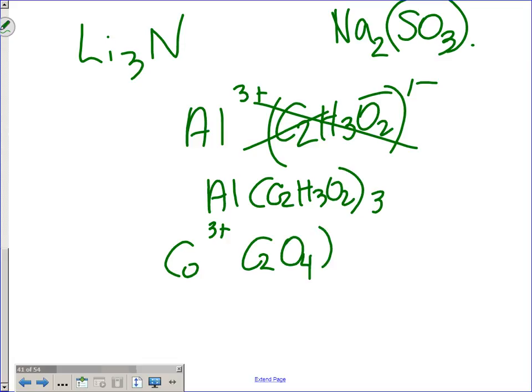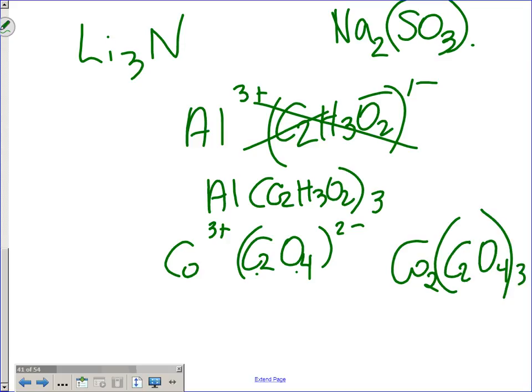I don't know if I told this class or my other class, I think of this as an ox with 2 horns and 4 legs. I thought it was cute. Okay, well, what's oxalate's charge? 2. Crisscross, what do you get? Co2(C2O4)3. Okay. All right.